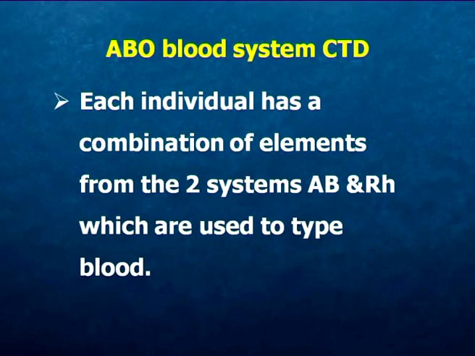Each individual has a combination of elements from the two systems, A, B and RH, which are used to type blood. Every individual has a combination of the elements, that is A, B, O, and the RH antigen, its presence or absence.